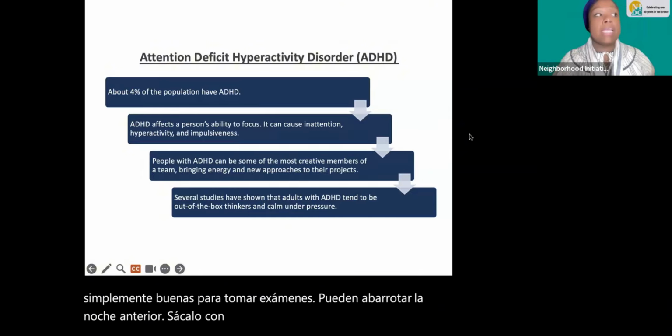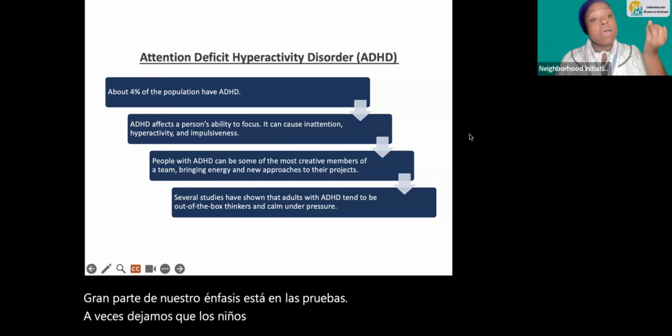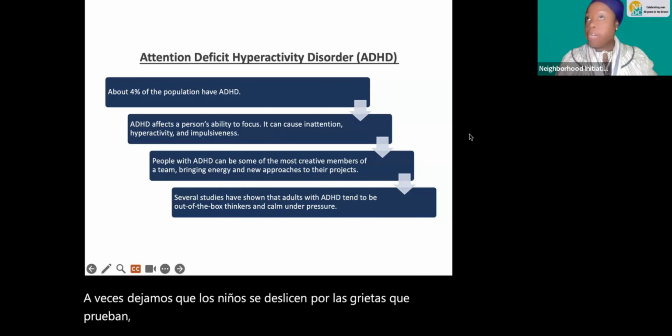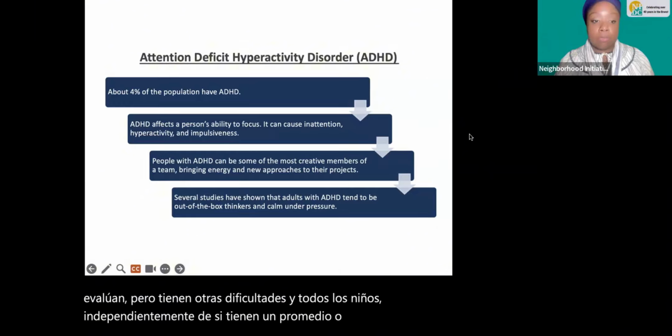And so combine that, because so much of our emphasis is on testing, we sometimes let kids slide through the cracks who test well, but they have other struggles. And every child, regardless if they have an A average or an F average, every child who's struggling deserves help.